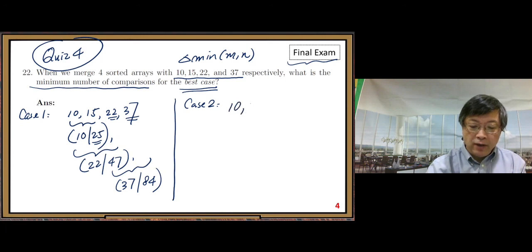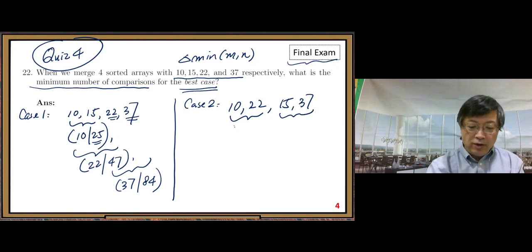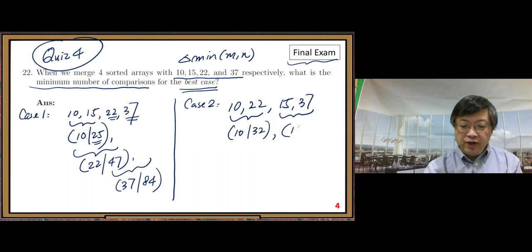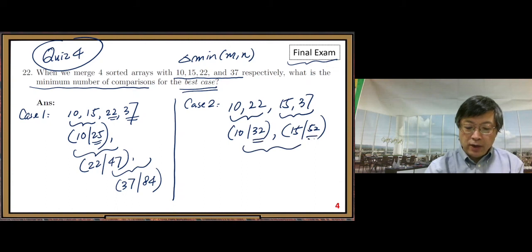10, 22 first. 15, 37 next. So when we merge, minimum 10, 32. Minimum 15, 40, 52. Then the next round, we look at the size part, the minimum 32 and total size 84 still.